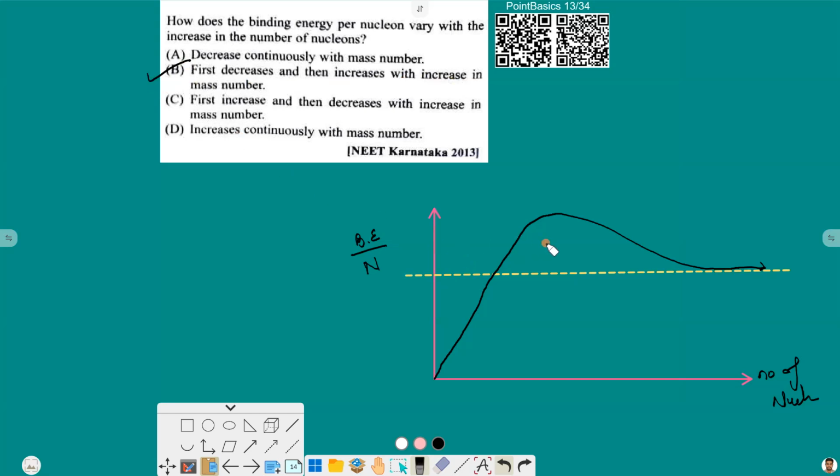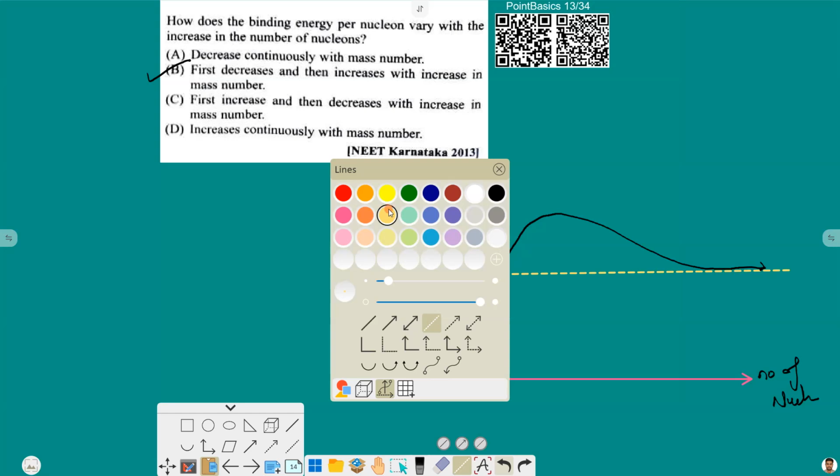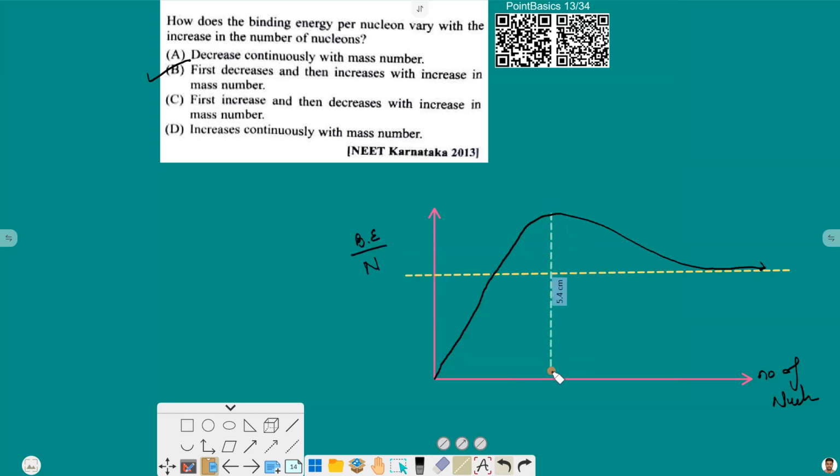option B. And now this peak is for iron, where I think the mass number of iron is around 56 or something, or it may be the atomic number, I don't exactly remember. But the peak is for iron. Iron has the most stable nucleus. That's why it's found inside the core of stars.